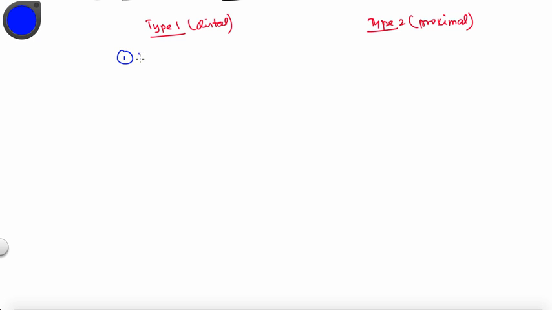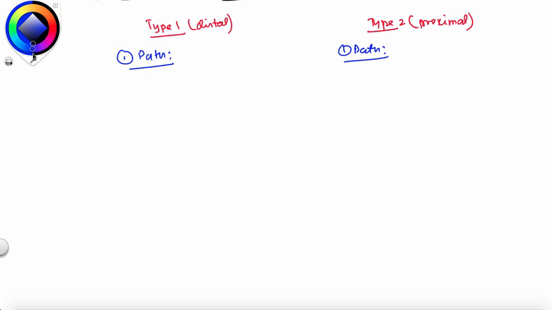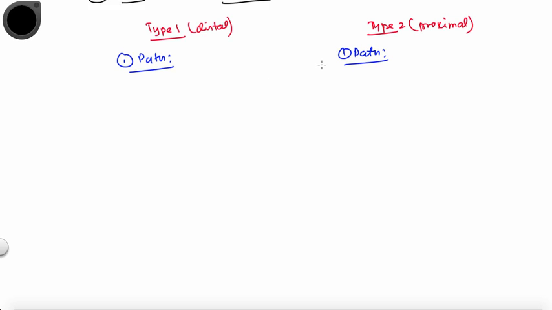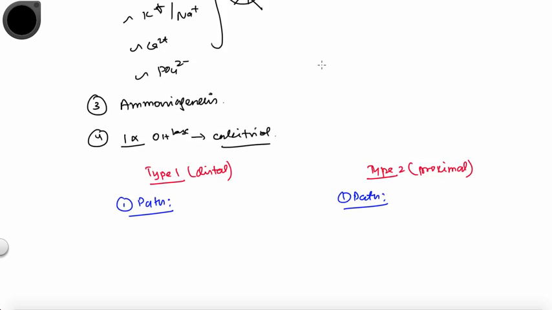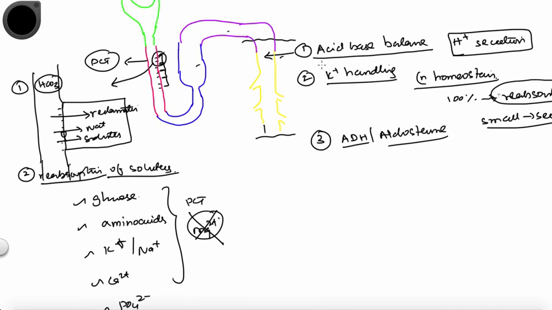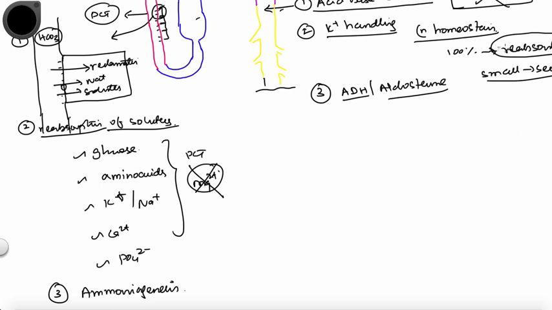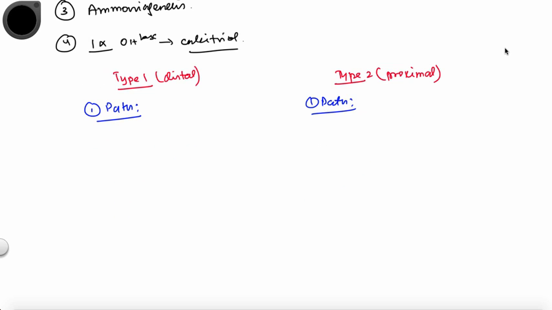So first of all, let's move on to the pathophysiology. What is the pathophysiology behind type 1 and type 2 RTAs? As I told you, the distal part of the nephron is the most important site for hydrogen ion secretion, again and again, the most important site for acid-base handling. And in distal RTA, due to dysfunction of the distal part of the nephron, this hydrogen ion secretion is going to be lost.